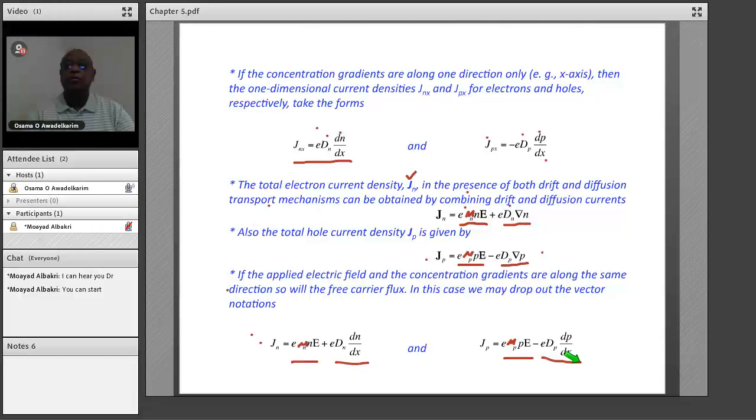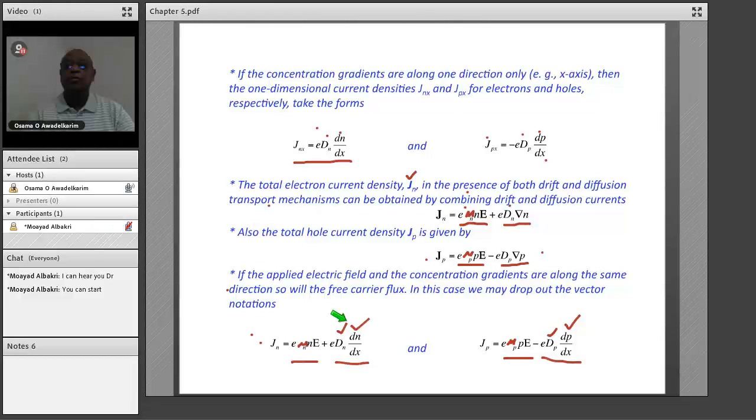And this diffusion is accomplished via the gradient of the density of carriers, as well as the diffusion constant of the carriers, which again is affected by the environment, which is the semiconductor itself, right? So actually the semiconductor dictates both the mobility of the carrier in the drift and the diffusion constant, or the diffusion properties of the carrier in the case of diffusion.